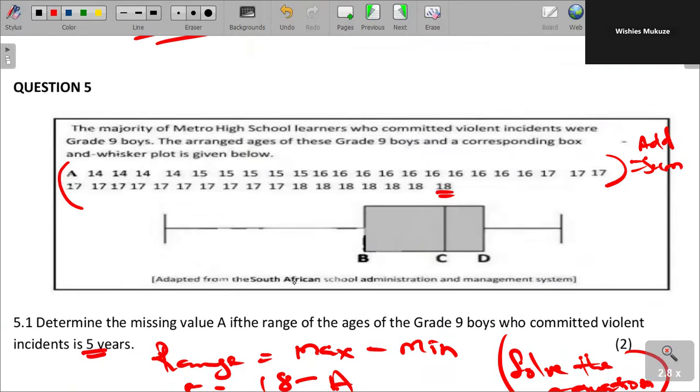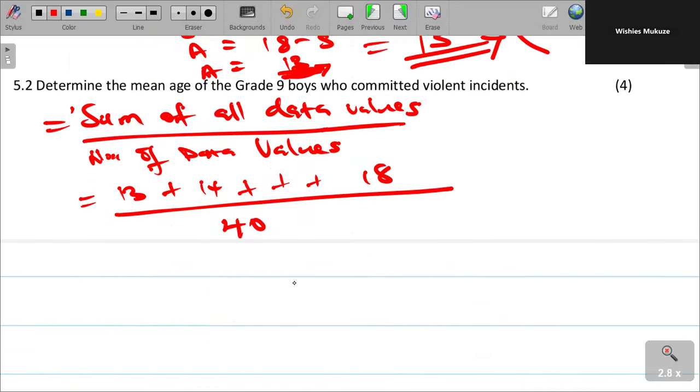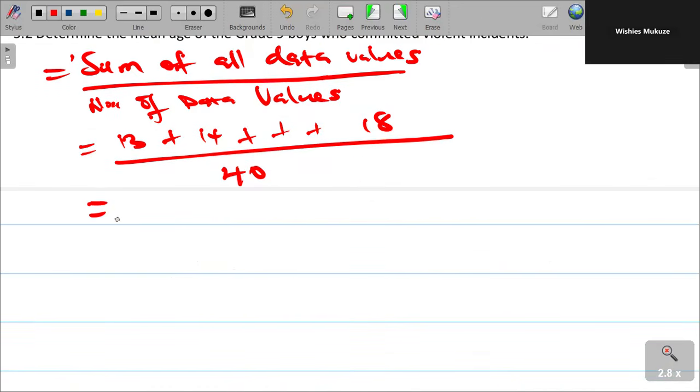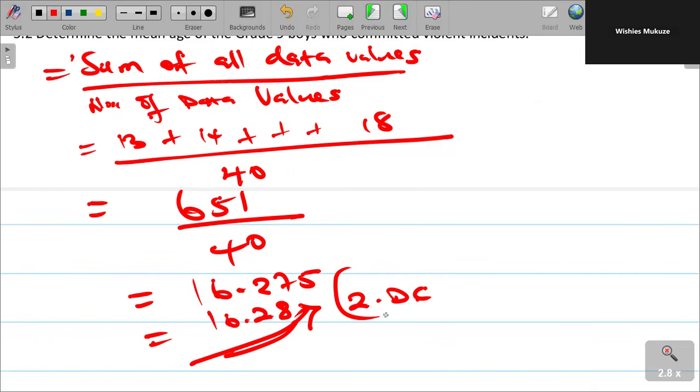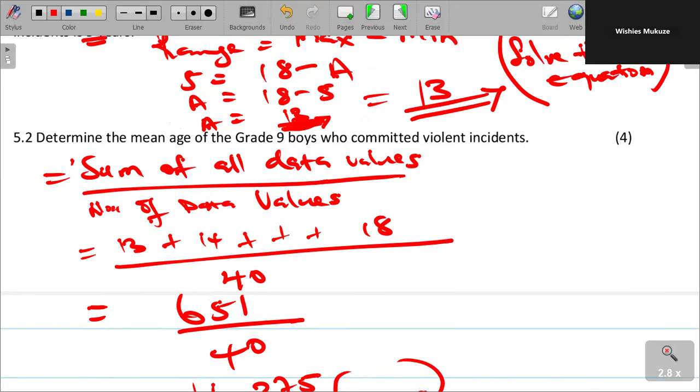When we add those numbers, it's going to give us 651 over 40, which gives 16.275, which is close to 16.28. We are saying two decimal places. That is how you get that answer.